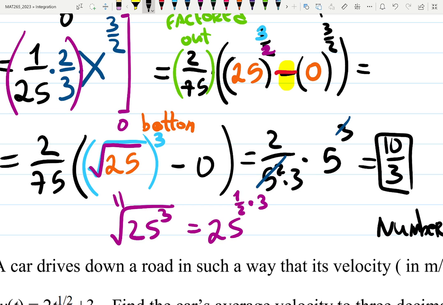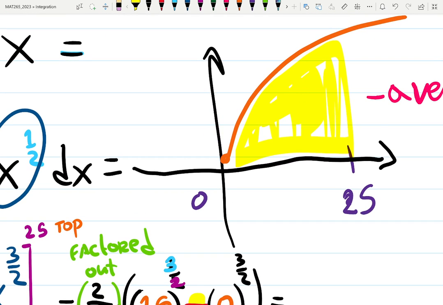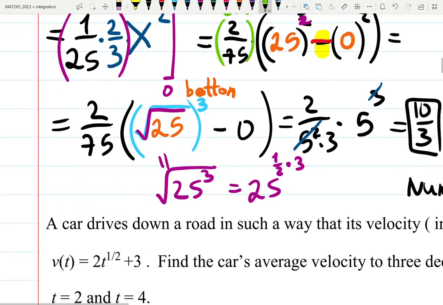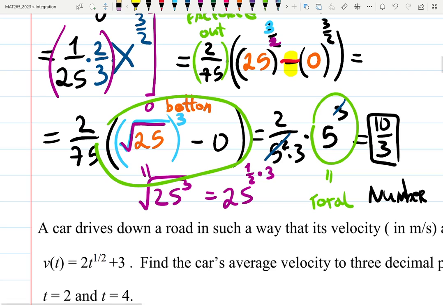This number represents not the total area. The total area was this part. Actually, no, the 2/3 was already there.